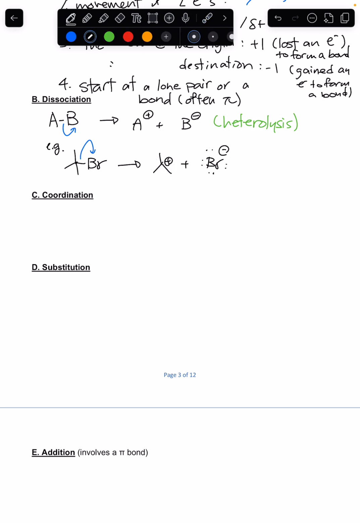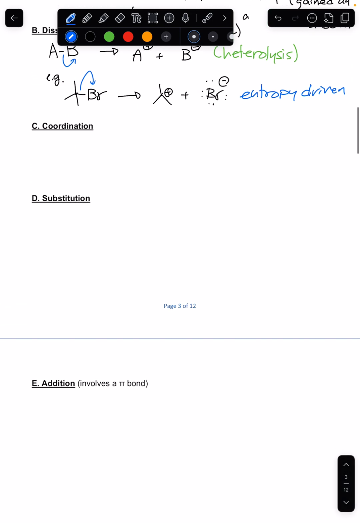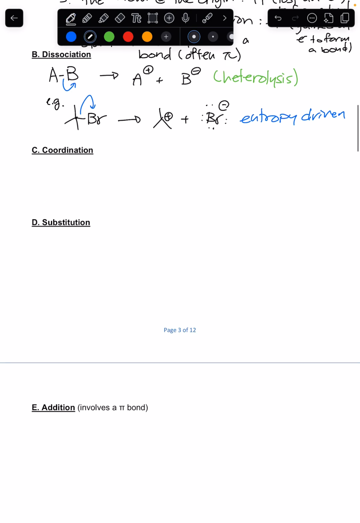I want you to notice this is an entropy driven reaction, because we went from one to two particles. That's usually the driving force for a dissociation type of reaction. A coordination reaction is just another fancy way of saying formation of a new bond.